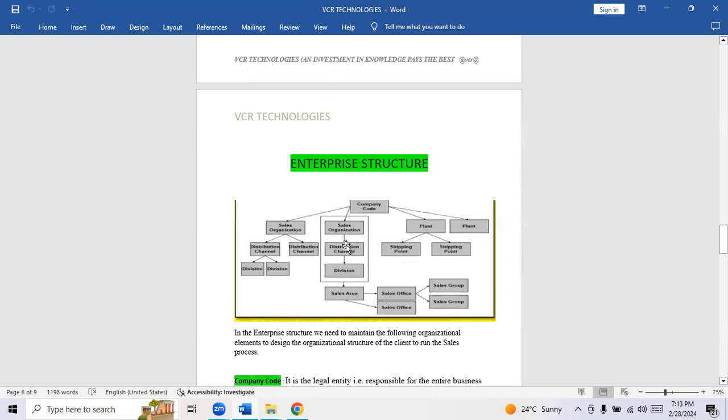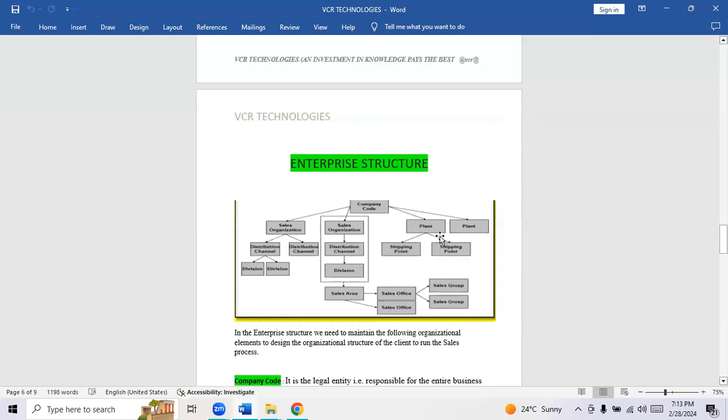These are all the organizational elements in the enterprise structure. We need to maintain all these organizational elements to design the organizational structure of the client to run the sales process.